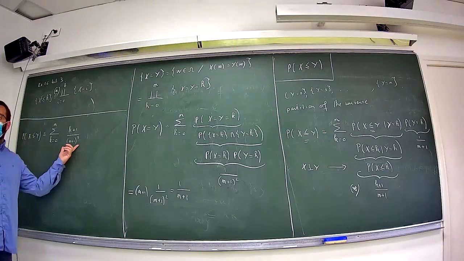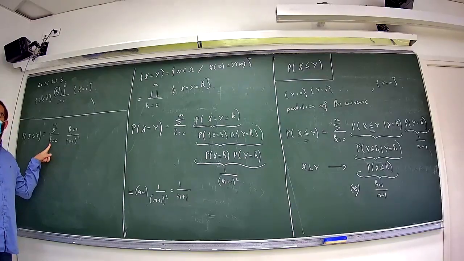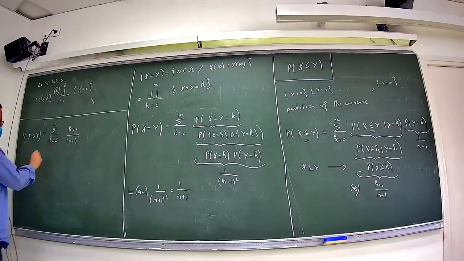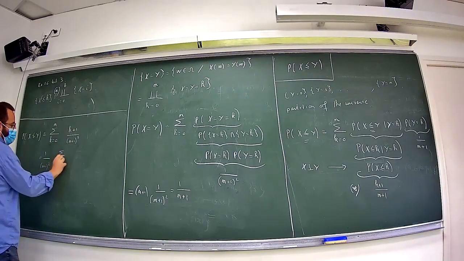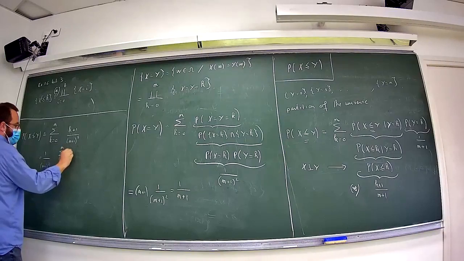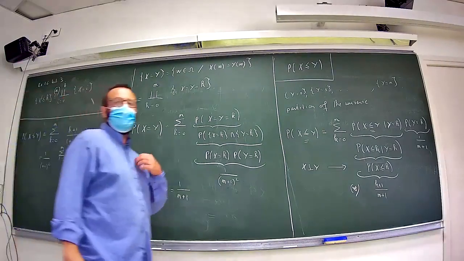I can remove the 1 over n plus 1 squared from the sum because it is independent of the index k. And I have this sum to compute.